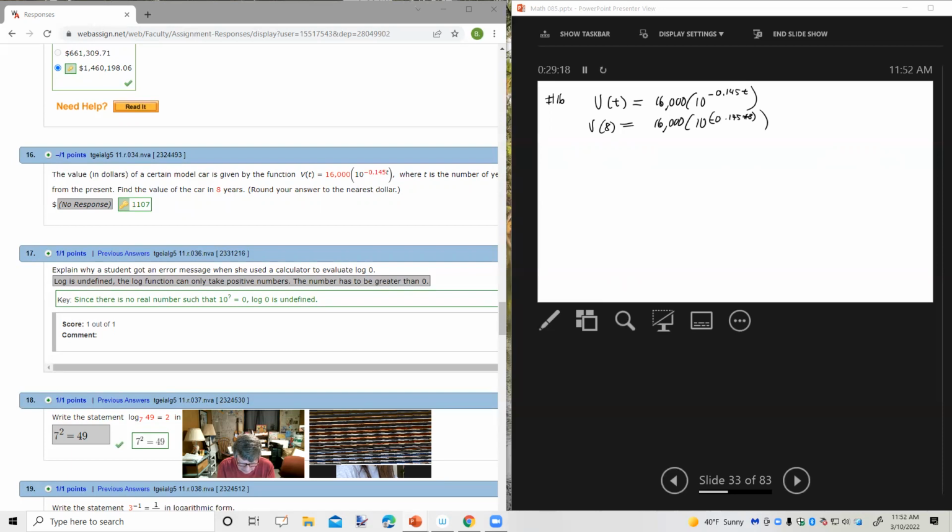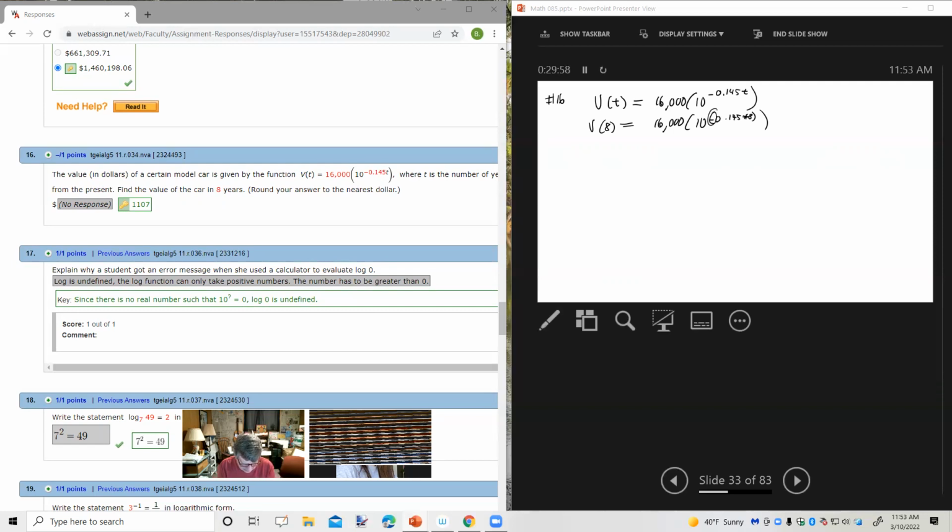Okay, let's see here. 16,000 times 10 to the negative 0.145 times 8. Keeps giving me a syntax error. Oh, I see why, because there's no parentheses there. So I need to go back here. Yeah, I wasn't putting in this parentheses right there.